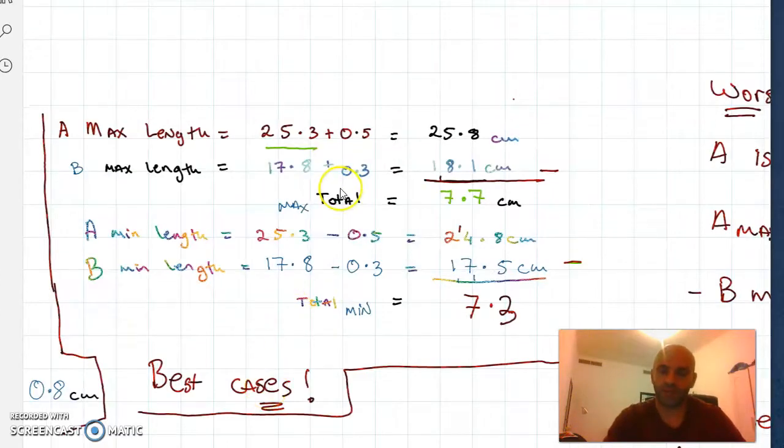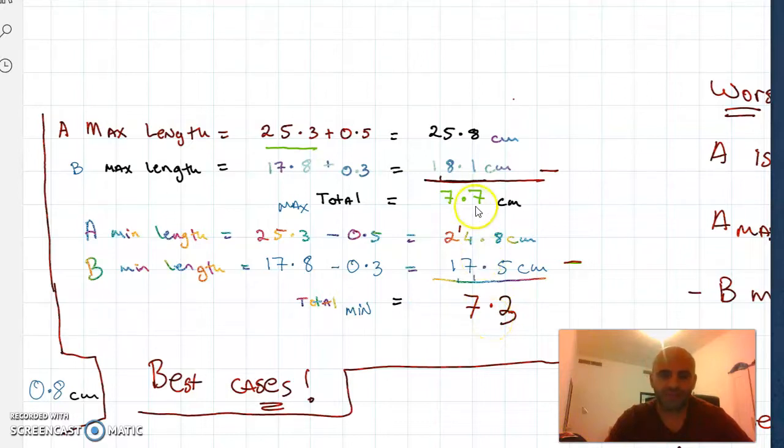Okay, so to explain the subtraction part, if we were to apply the exact same logic to how we worked it out, then you'd take the maximum length of A, the maximum length of B, and subtract the two values, and you'd get 7.7 centimeters, okay? And then if you did the same thing for the minimum length of A, minimum length of B, you get 7.3 centimeters, okay?